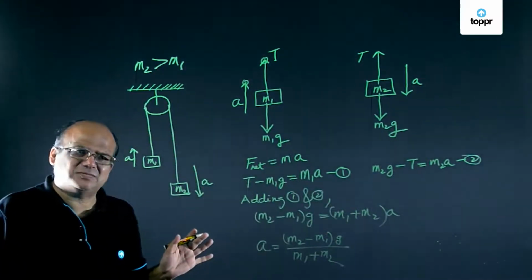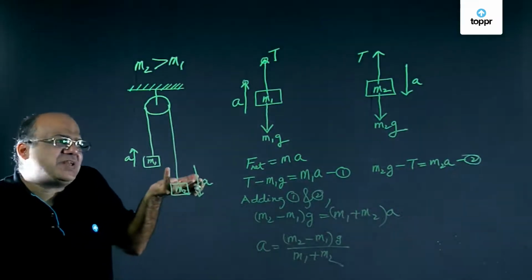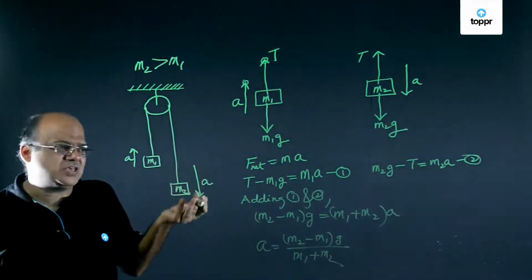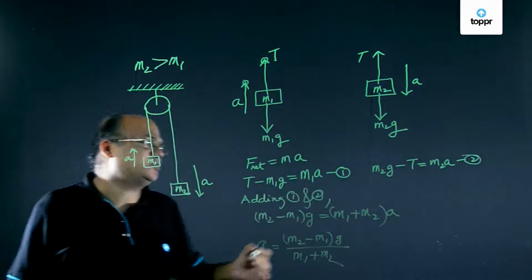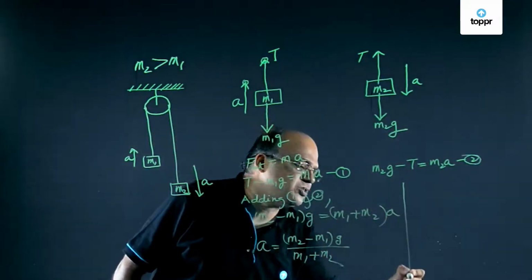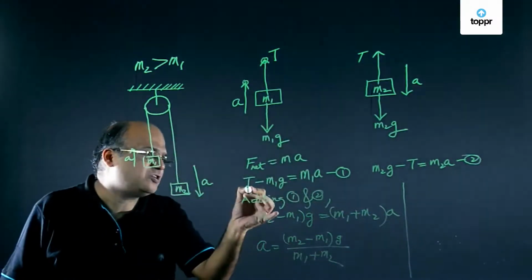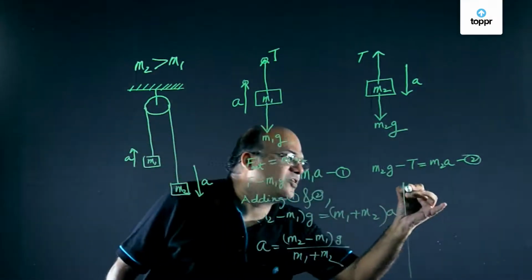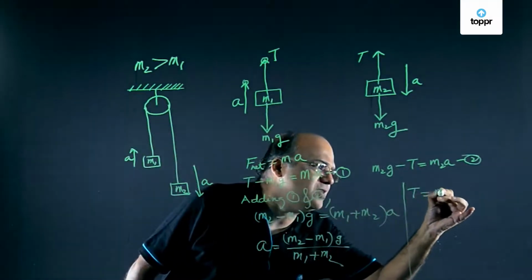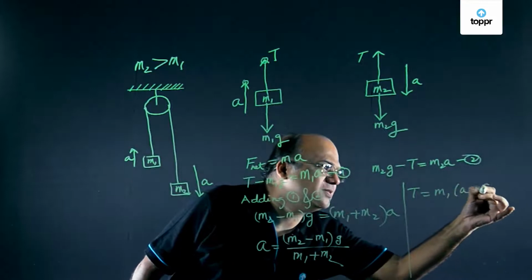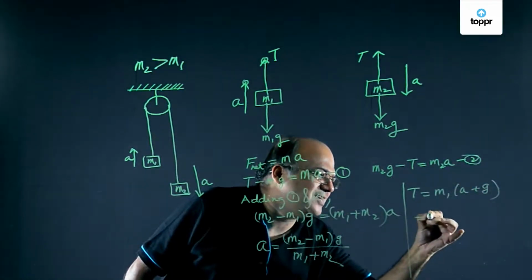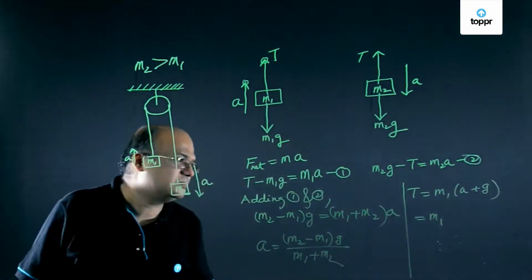Very simple. Now we can get tension from any equation, whichever equation you like, equation 1 or equation 2. Let's take equation 1. What will tension become? This will go to that side. So tension will become M1(a plus g). What is a? You already found it out. So what do you get?